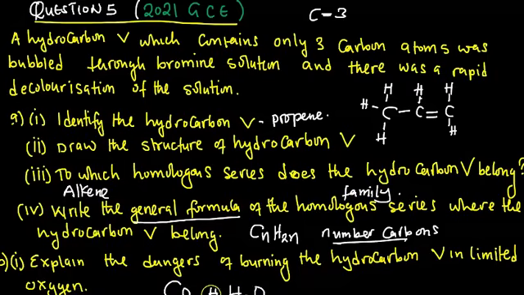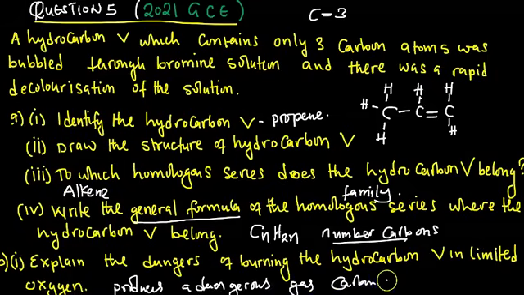Now the danger of this is that it produces the dangerous gas, carbon monoxide, which destroys brain cells. So please take note of that. Carbon monoxide destroys brain cells.